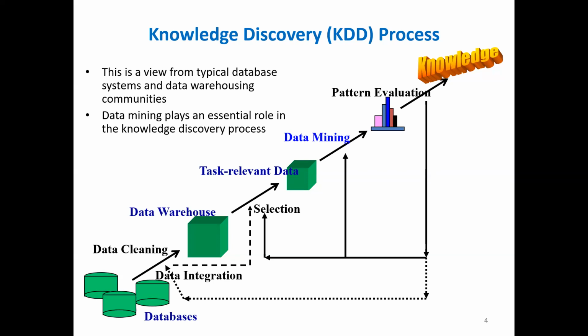The data in the databases is stored in a transaction database, and in a transaction database there are regular updates, meaning the data set changes every second or every minute. But in data warehouses, we collect the data set that is not required every time. Only the selected data is stored in a data warehouse, and we do data mining on the data warehouse only, not directly on the databases.